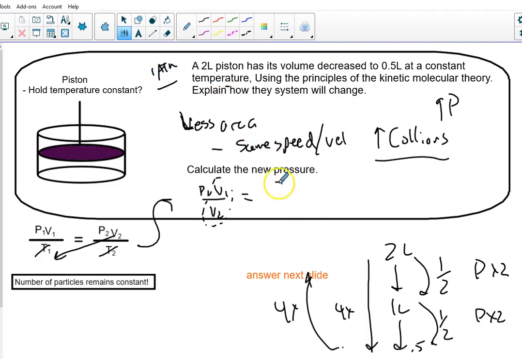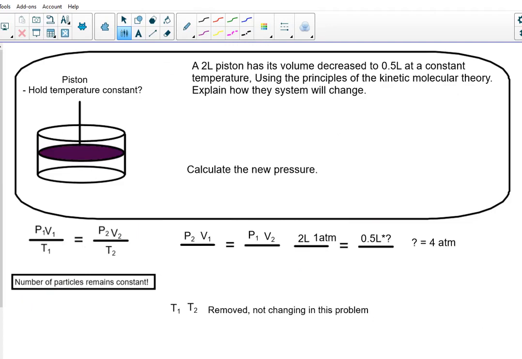So 1 times V1, which is 2, the original volume, over 0.5, and that gives me 4. So 1 times 4 is just 4 atmospheres. And again, that's just an idea of using the combined gas law. There's my answer for this guy.